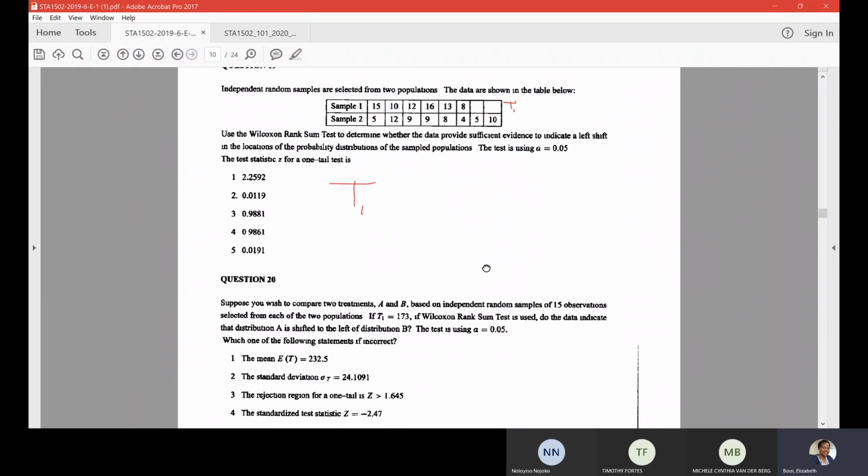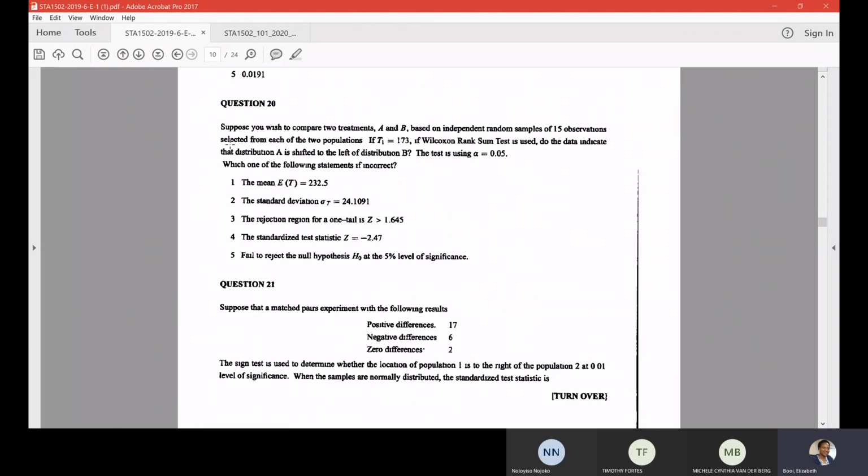And then question 20, they're giving you T1 and what the random sample size is and the mean, and then they're asking you all these questions.